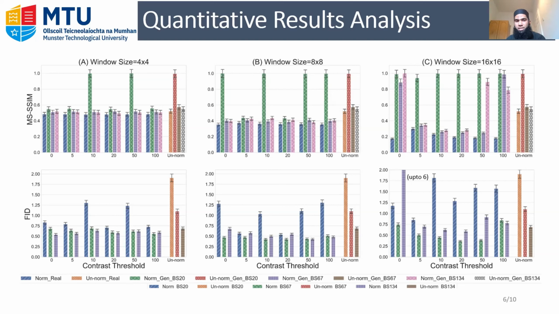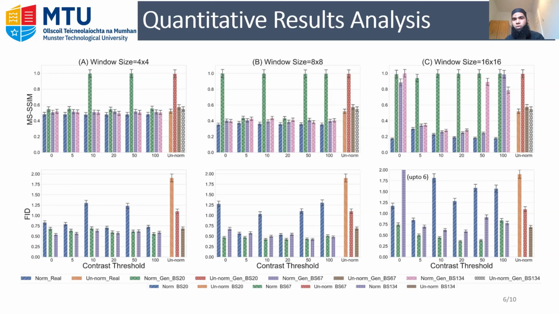In this analysis, we use 3 different parameters: batch size, window size, and contrast threshold. Based on these 3 key parameters, we perform our empirical analysis, and we can see that for some window sizes we got the best score using a batch size of 134, and for others we got the best score using batch size 67. For window size 16x16, FID score, we got the best score using batch size 134.